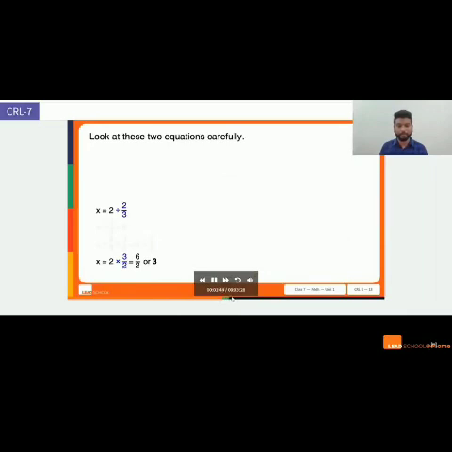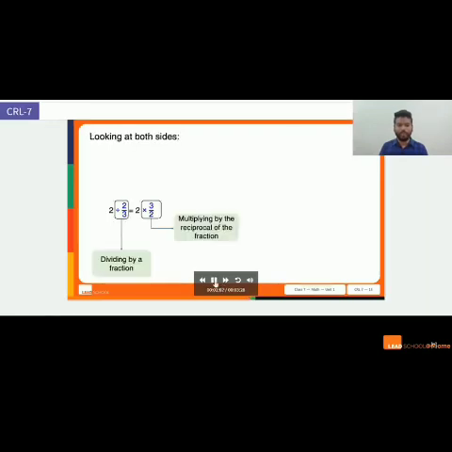X is also equal to 2 multiplied by 3/2. Before that, I want you all to quickly make a note of a very important point. Dividing by a fraction is the same as multiplying by the reciprocal of the fraction. Can you quickly write that down?